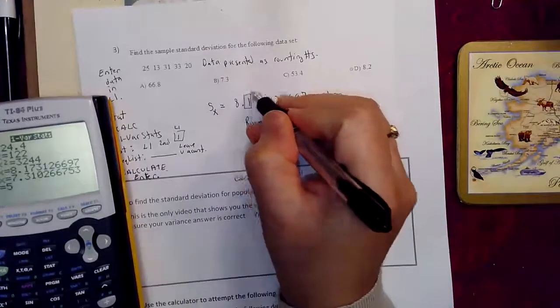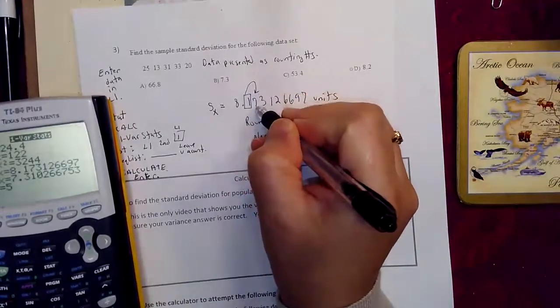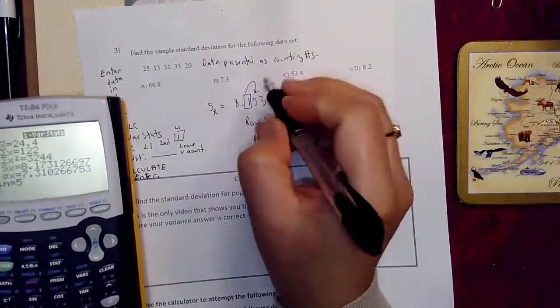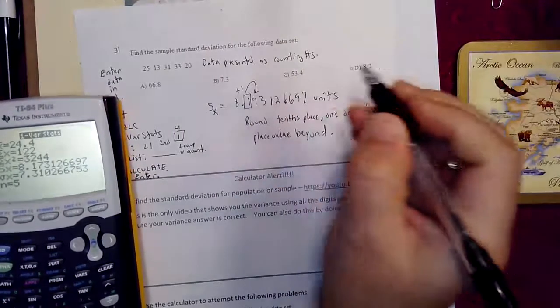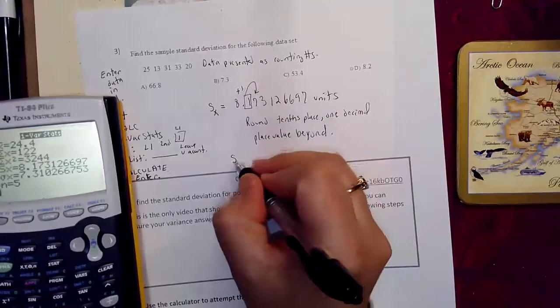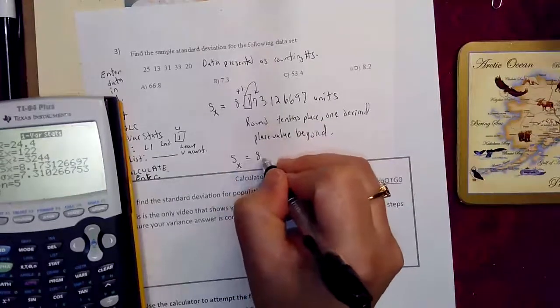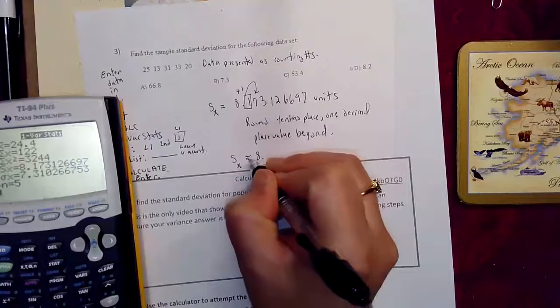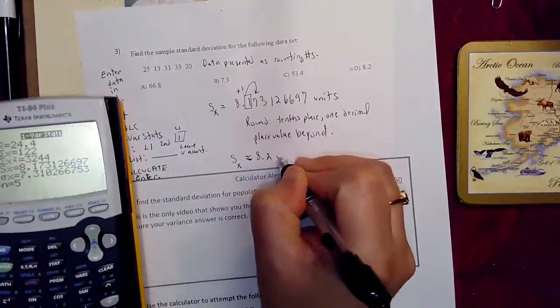Then you look at the number to the right. Is this number 5 or more? Yes, it's a 7, so add 1 to that. So we should have S of x is approximately 8.2 units.